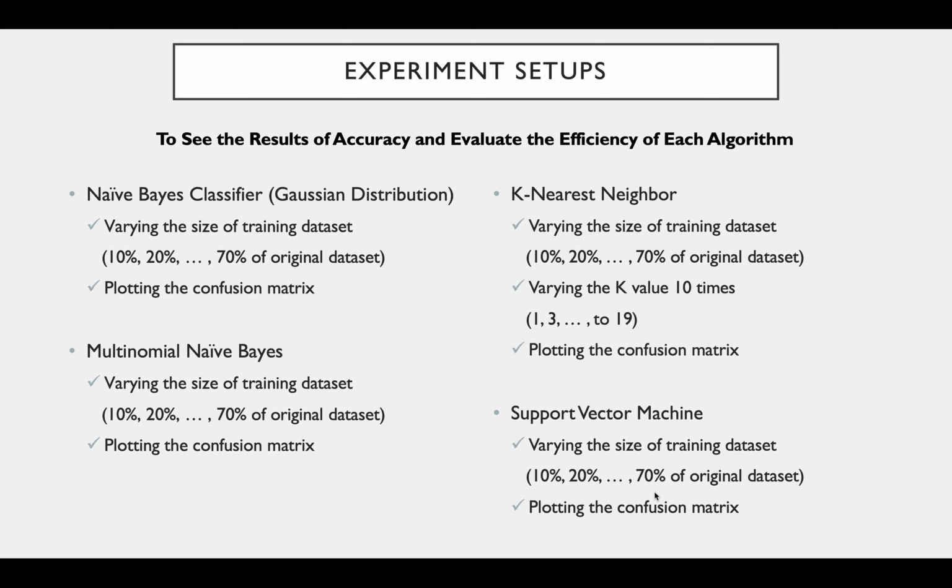I vary the k value from 1, 3, and so on to 19 for each size of training data. And then I also plot the confusion matrix for KNN. And last, for support vector machine, I first vary the size from 10% to 70% as training data sets, and then plot the confusion matrix.